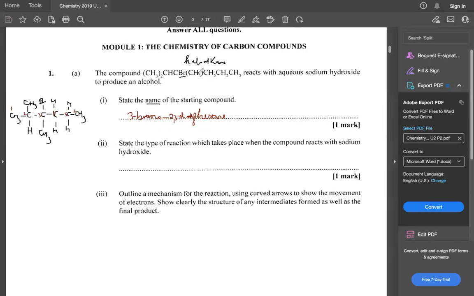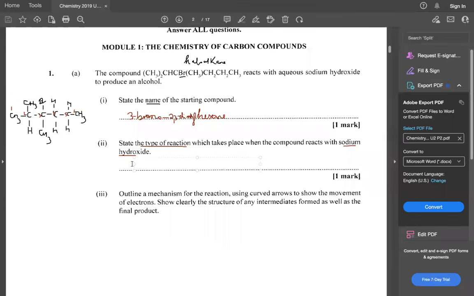And as we said earlier, this is a haloalkane, right? So that's our 1 mark and we're good, okay? Okay. So part 2 now said state the type of reaction which takes place when the haloalkane or bromoalkane, right, reacts with sodium hydroxide. So the type of reaction that takes place, right, when this compound reacts with sodium hydroxide is what we call a nucleophilic substitution, right?